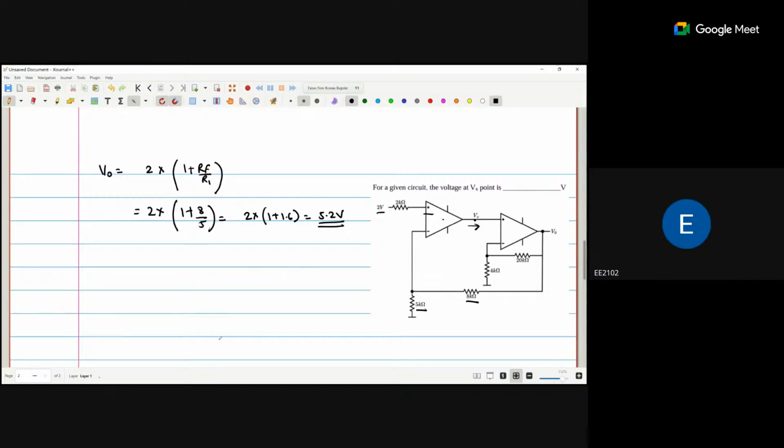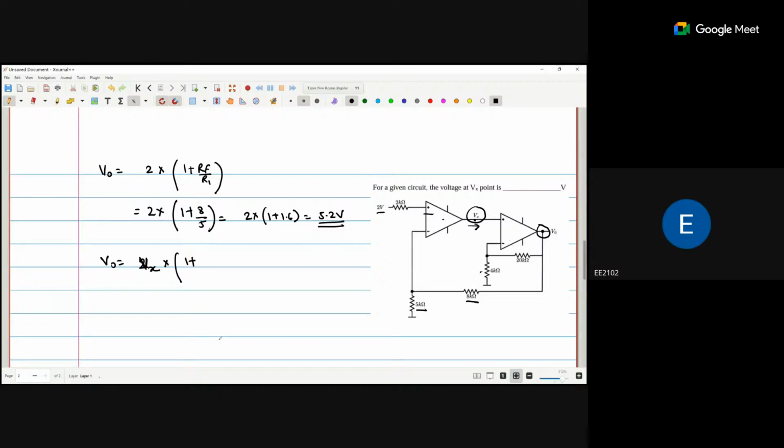Now, we know this voltage, this is my feedback. So can I get the Vx voltage? Because of the second operational amplifier, my V naught is nothing but Vx times 1 plus, because it is again a non-inverting amplifier. So 1 plus RF.